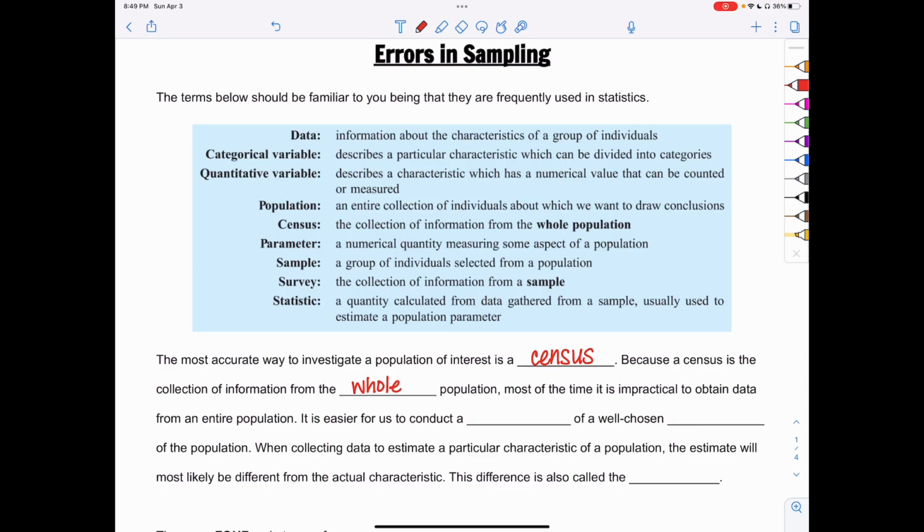And it will be easier for us to conduct a survey of a well-chosen sample, or subgroup, of a population. When collecting data to estimate a particular characteristic of a population, the estimate will most likely be different from the actual characteristic. This difference is what we call the error.